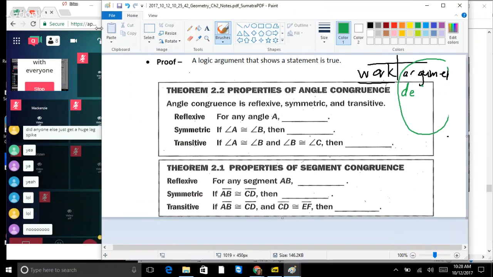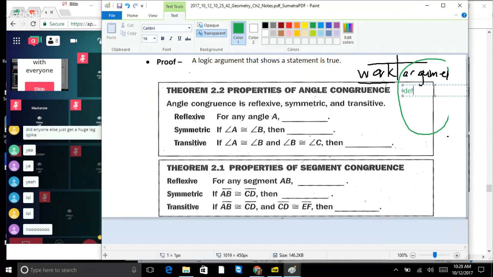I'm going to switch to typing because this is not working well. So when you're giving your argument, you can use definitions. You can use properties. You can use postulates. And we can use these things called theorems.